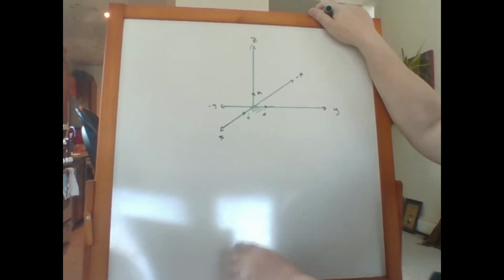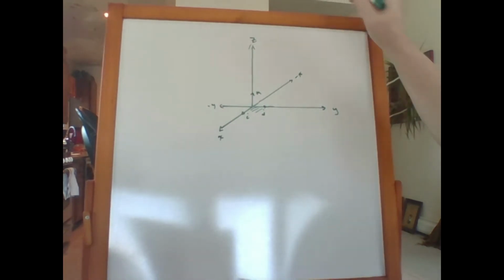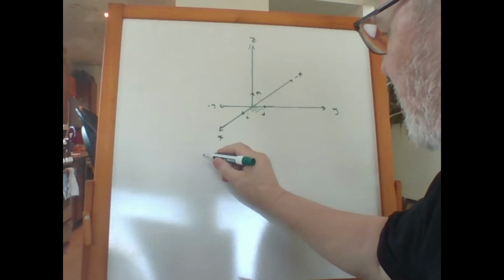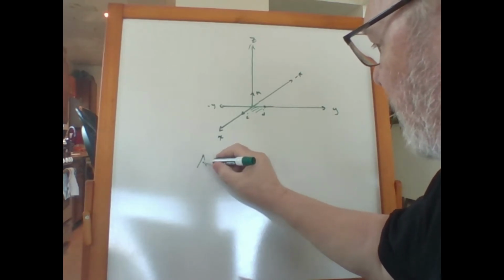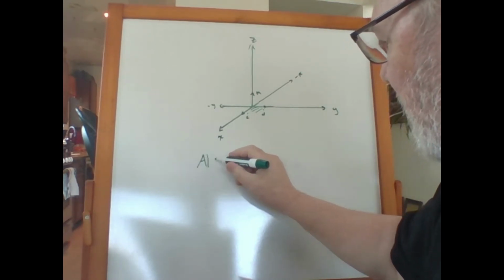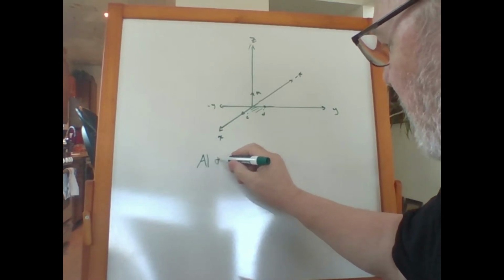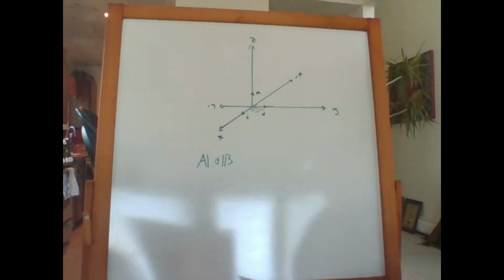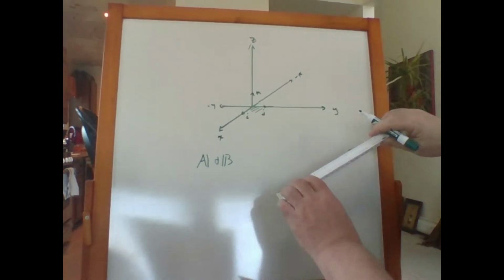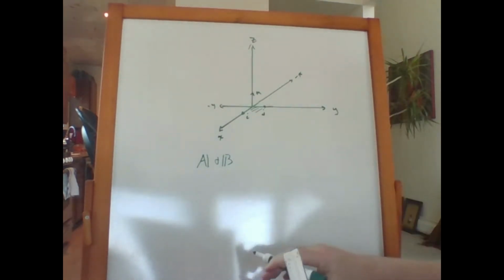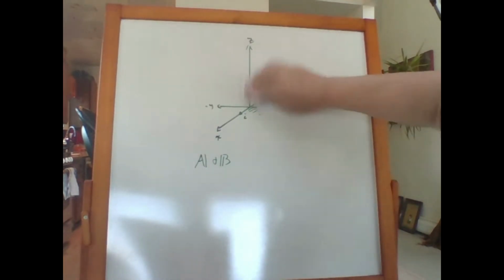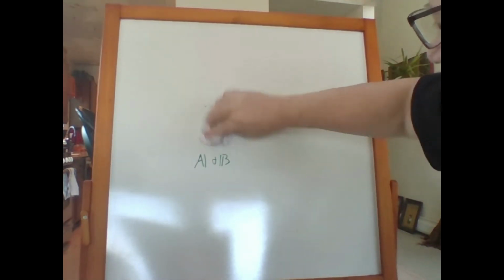So let's take a simple look at something here. We have vectors A and B. Let's make a two-dimensional situation for a second.